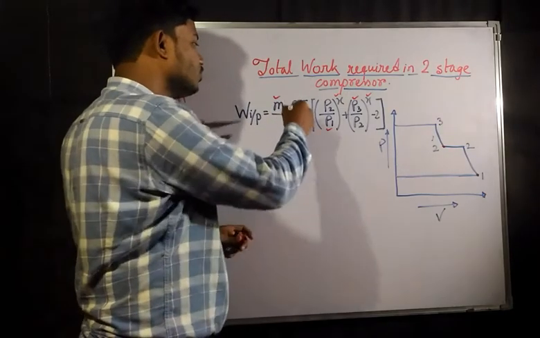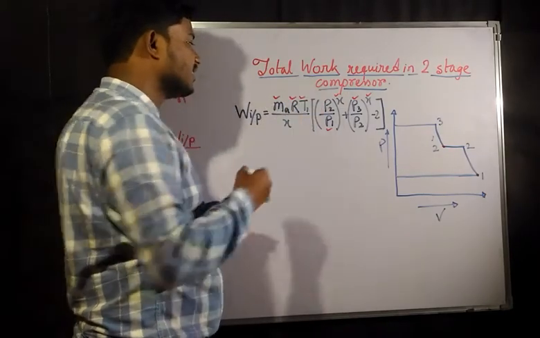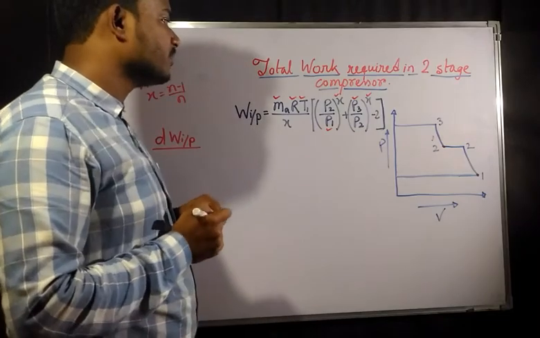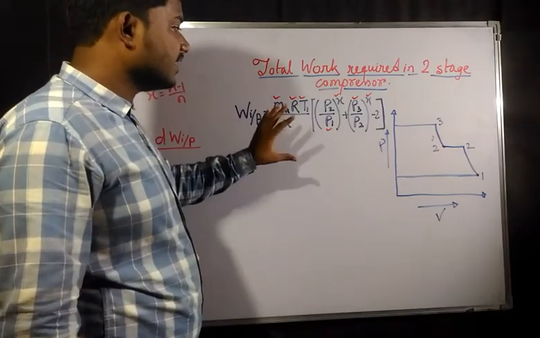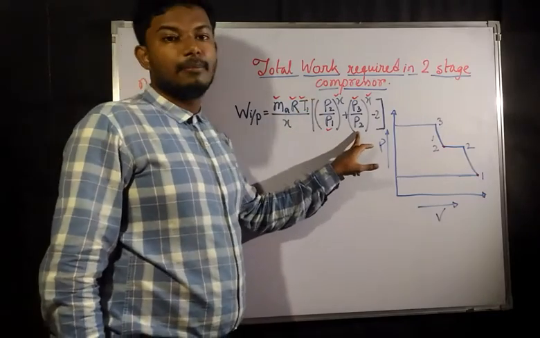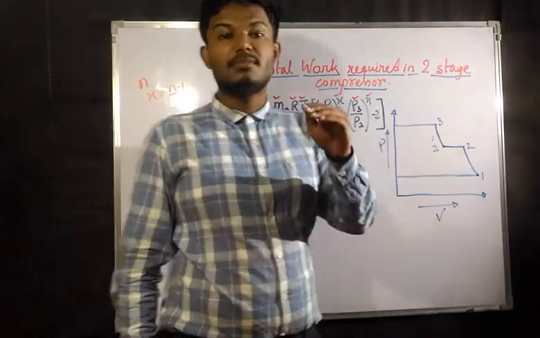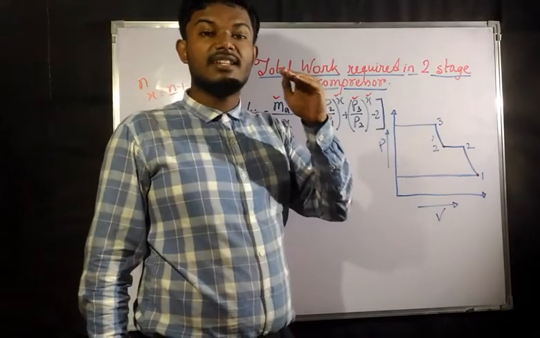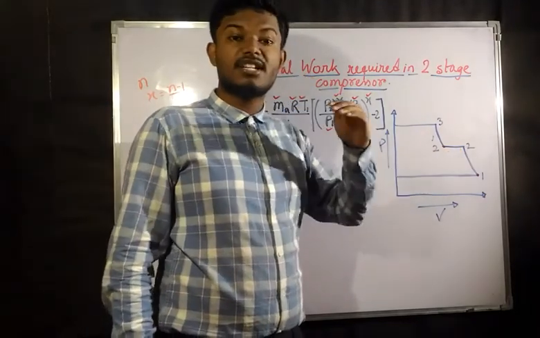The mass of the air would be known to you, R would be known to you, and the initial temperature would be known to you. So what is not known to us is P2. P2 is nothing but the pressure after the first stage.